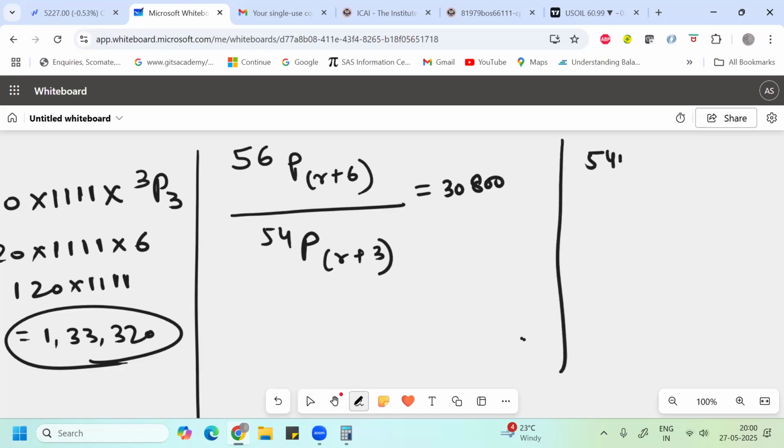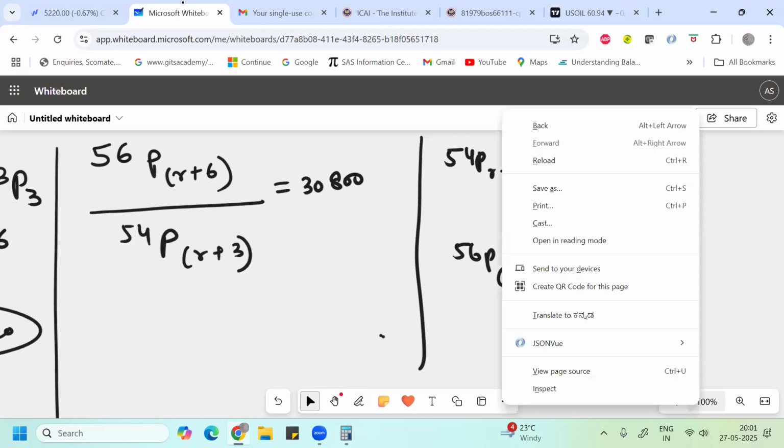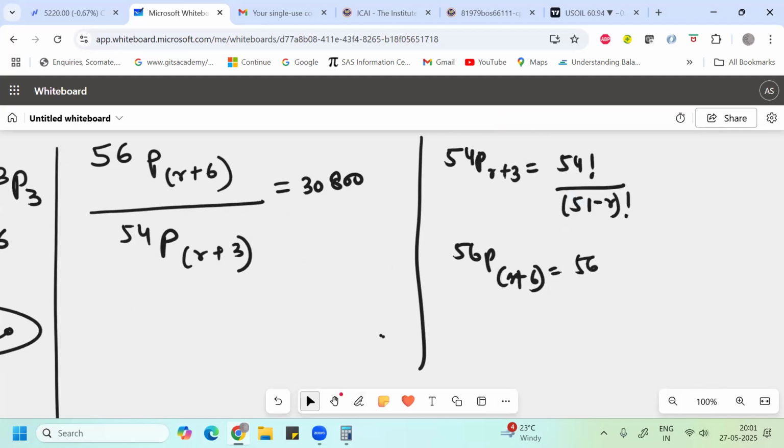So 54P(r plus 3) is equal to 54 factorial by (54 minus (r plus 3)), which is (51 minus r) factorial. And similarly 56P(r plus 6) would be 56 factorial divided by (50 minus r) factorial.